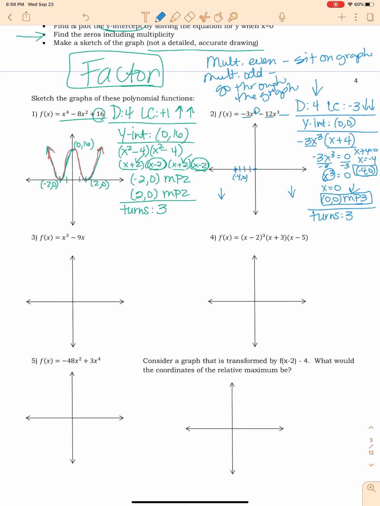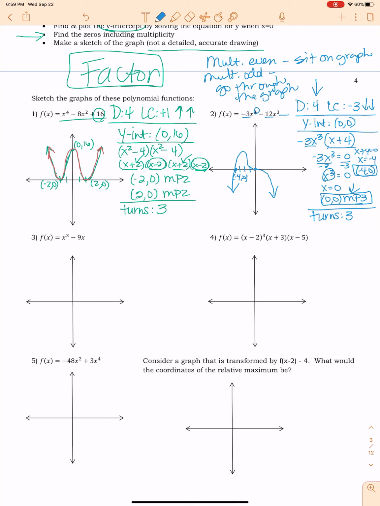Okay, so what is this going to look like? Well, I know I'm going to have 3 turns, and I know what my end behavior is. So I'm going to erase these arrows here. So I know it's got to do this, and then turn, turn, turn. There you go.